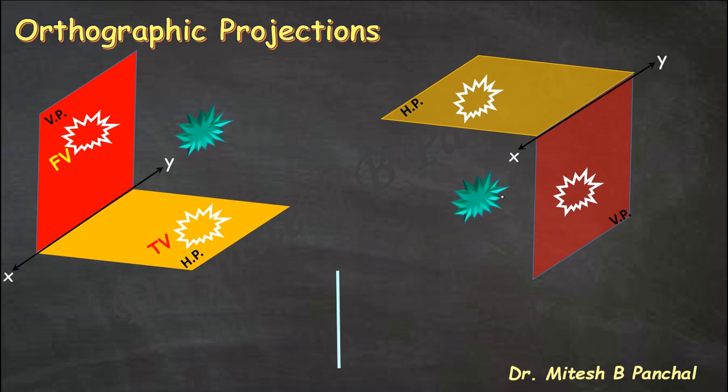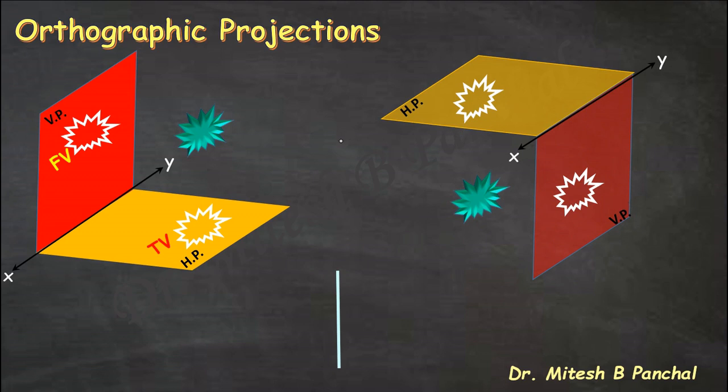Third quadrant is like this, in which the object is behind VP and below HP. Right? When object is in first quadrant, at that time orthographic projection system is called first angle projection system. And while object is in third quadrant, at that time orthographic projection system is third angle projection system.